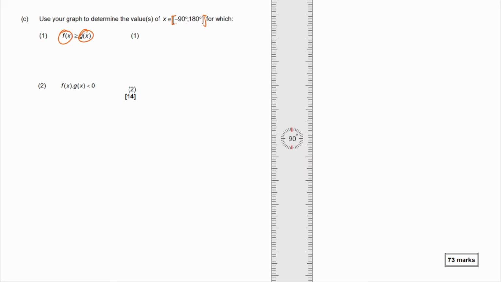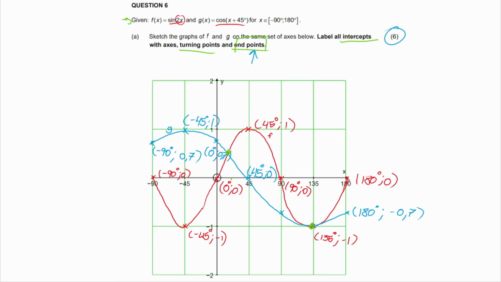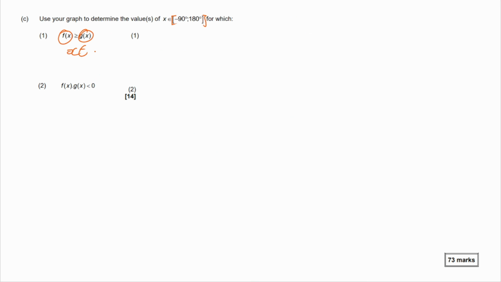What I recommend is to use interval notation. So we say x is an element of, and 15 degrees, the point of intersection. We got the 15 from here. Are we using a round bracket or a square bracket? It's a square bracket because we're allowed to be equal to.